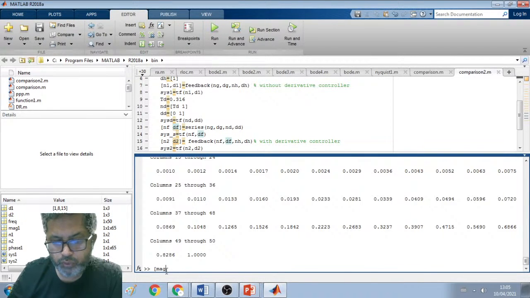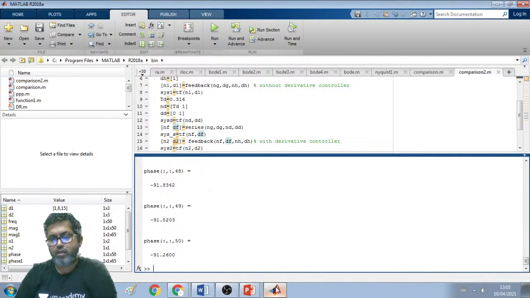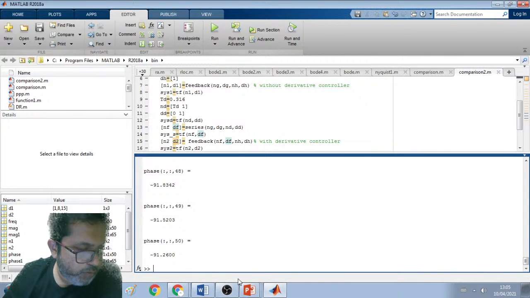Magnitude comma phase is equal to bode sys1 comma frequency.